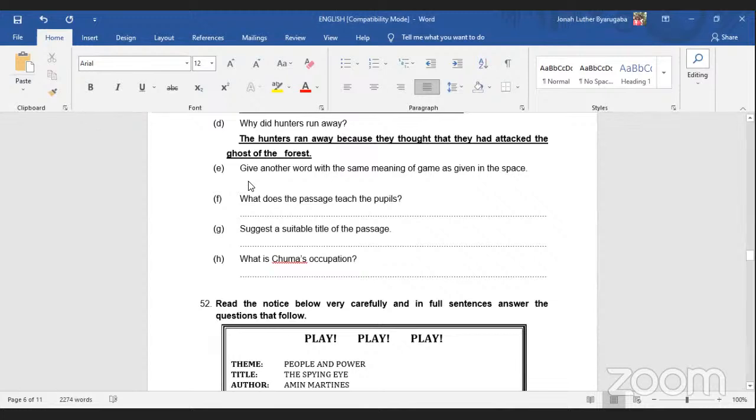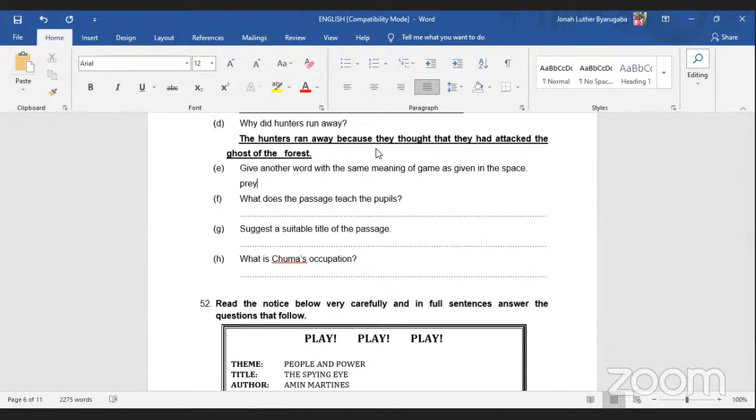Yes, please give us the answer. Give another word with the meaning of game given in the space below. Prey. Okay, prey.